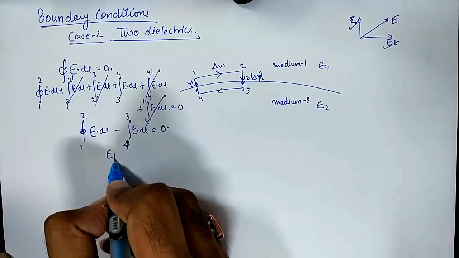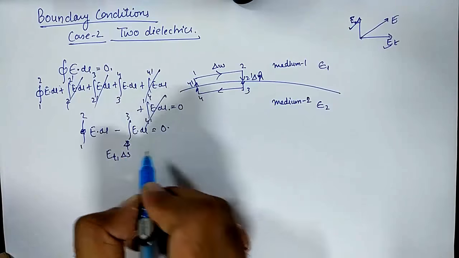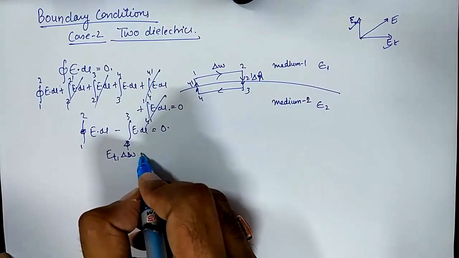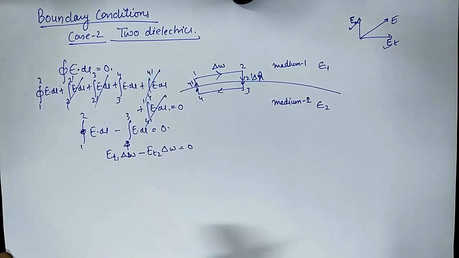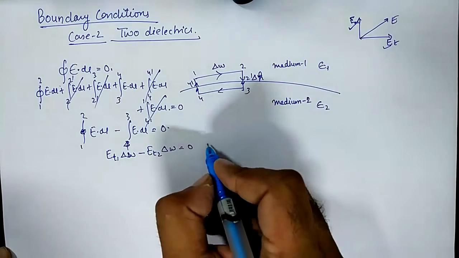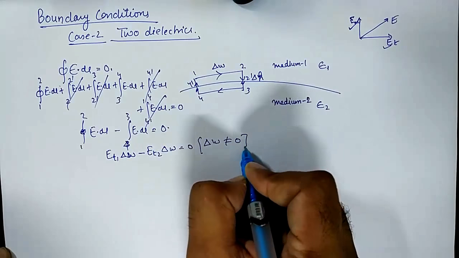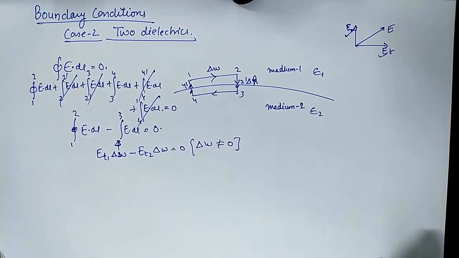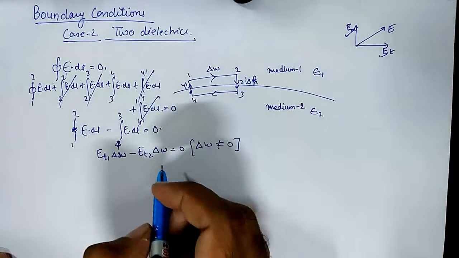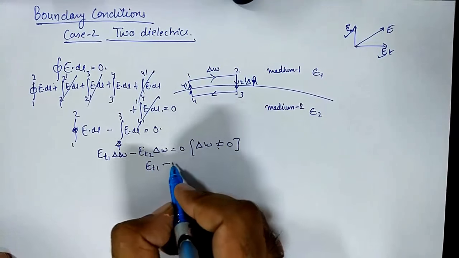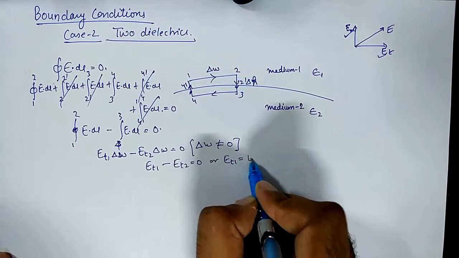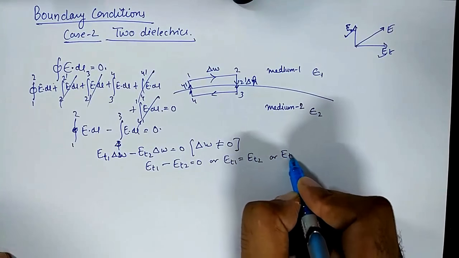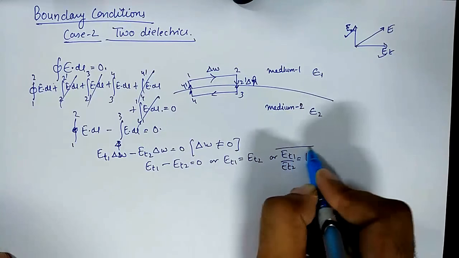So I'll open this thing up. This becomes ET1 delta W minus ET2 delta W is equivalent to 0. And delta W cannot be 0, so what I'm left with is ET1 minus ET2 is equivalent to 0, or ET1 is equal to ET2, or ET1 upon ET2 is equivalent to 1.